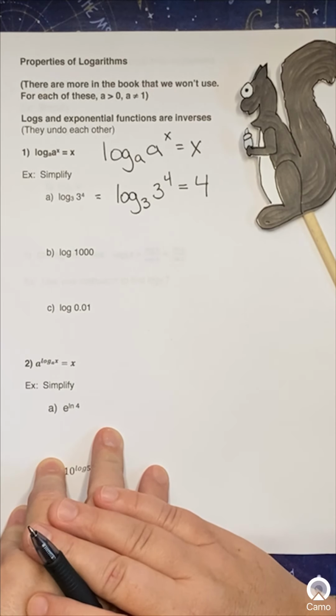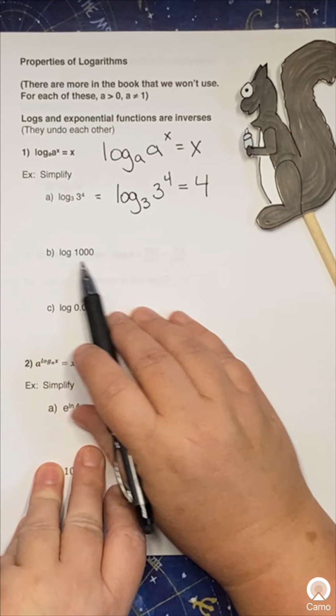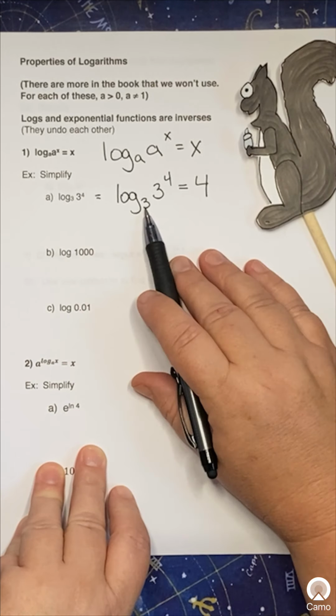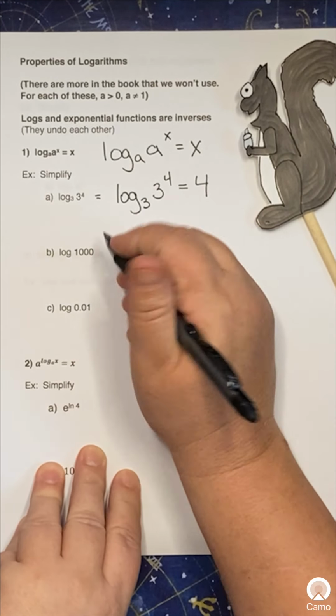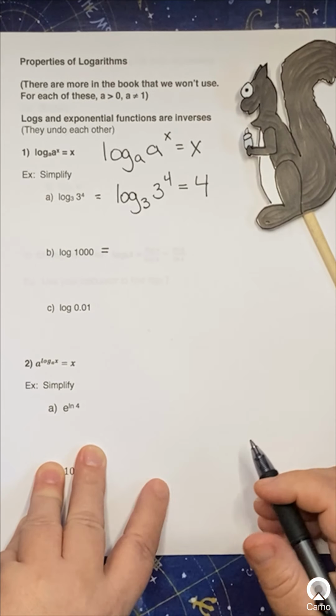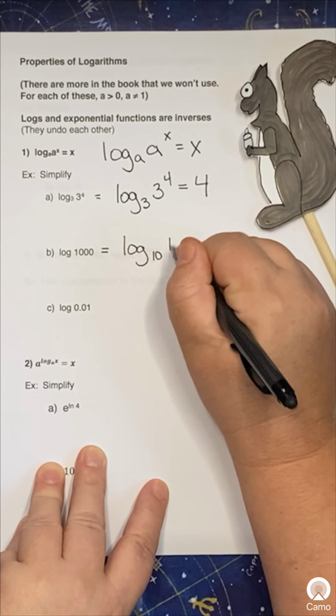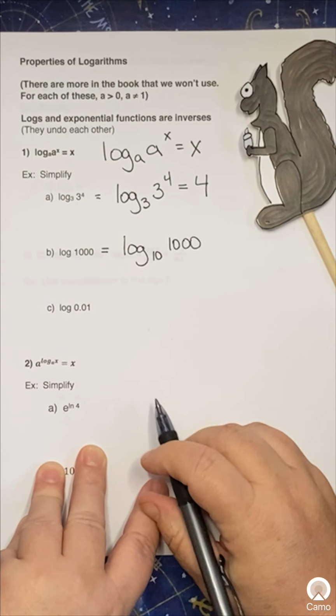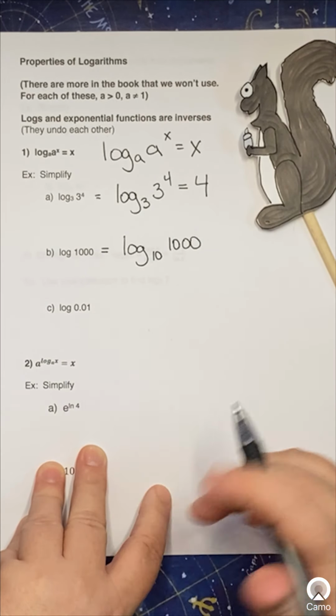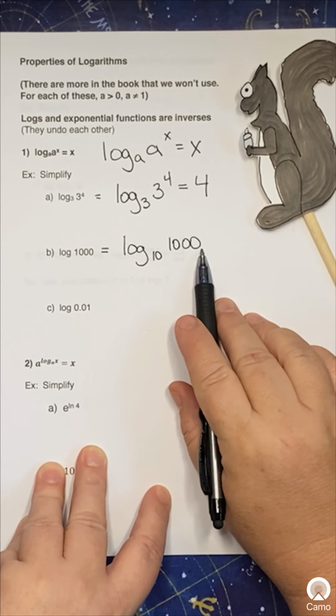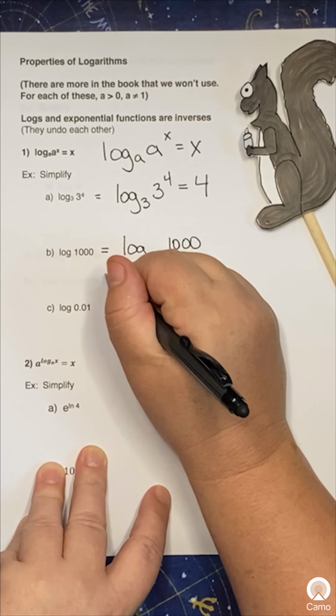Well, 4. If we're counting 3's and this is 3 to the 4, then we got 4 of those 3's multiplied together. Now, this one's a little more tricksy. This one, you could see the 3's match. Here, when you get common log, remember, write it out with the base as 10, and then think to yourself, I bet I could rewrite 1,000 in terms of tens.